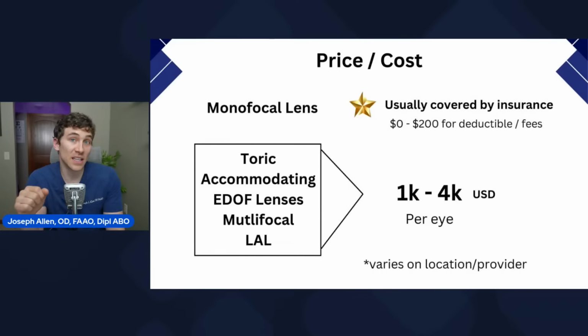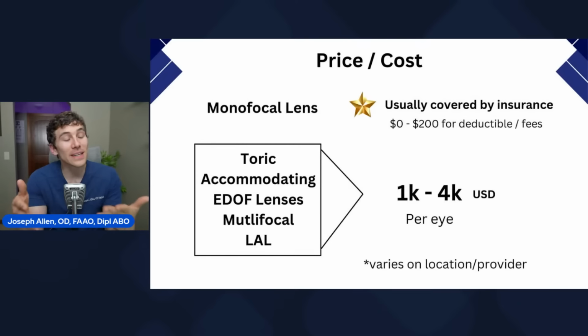But if you're getting one of these special lenses, these are premium products. A lot of research goes into making these types of lenses, and it also takes a bit more skill and training on your surgeon's part to be proficient on these types of lenses. Then expect it's going to cost somewhere between $1,000 to up to maybe $4,000 for each eye.